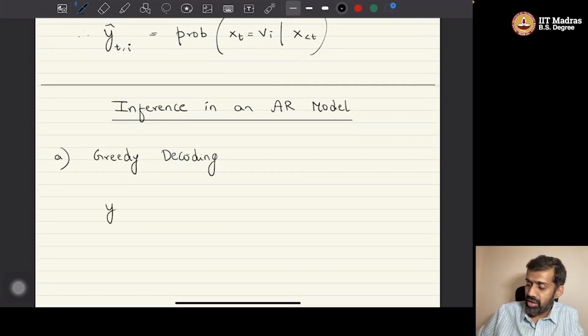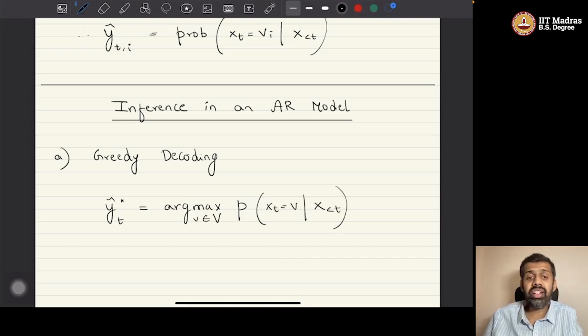y cap T star is simply the max of p of x_t equal to v given x less than t, right? So this is over all possible v's that are in the vocabulary.